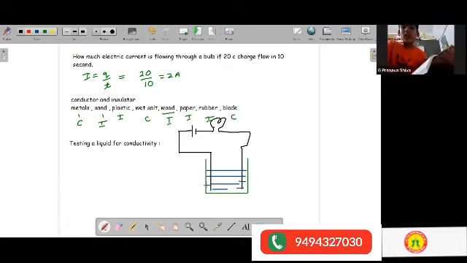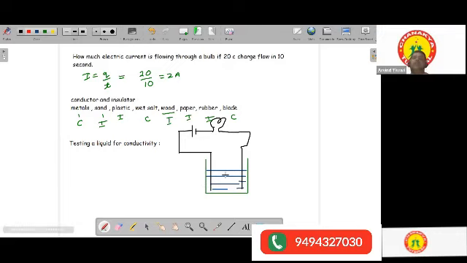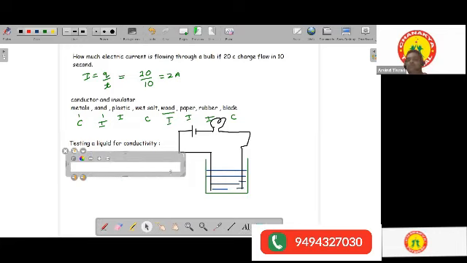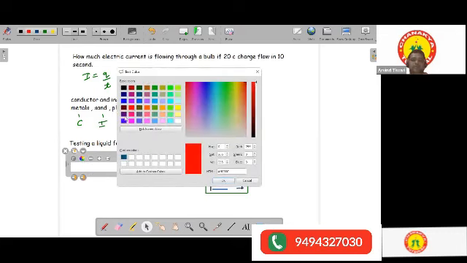If water is a conductor? See, if you talk of pure water, it is not a conductor. Pure water is an insulator. So a very important key point: pure water is an insulator.